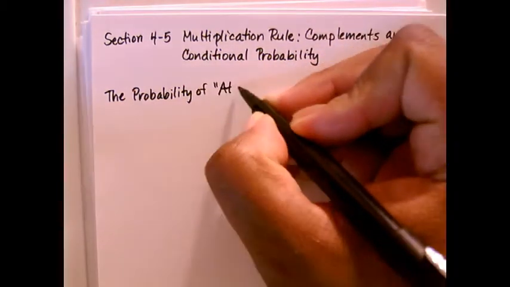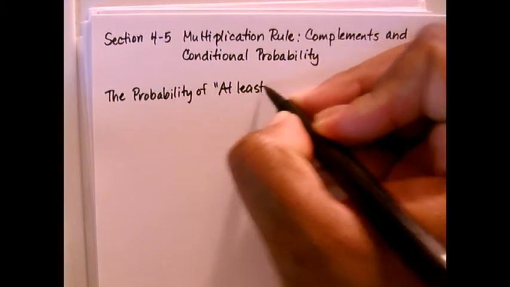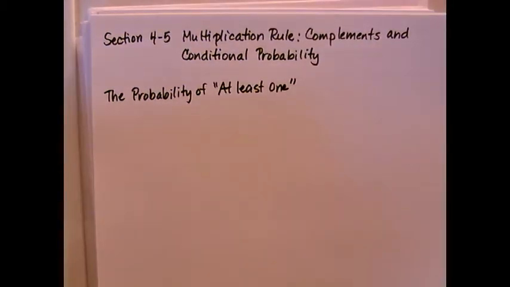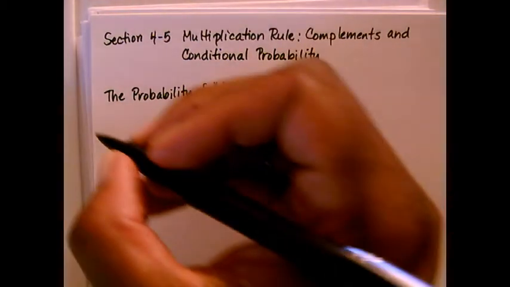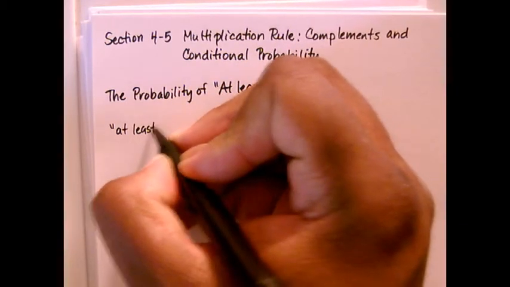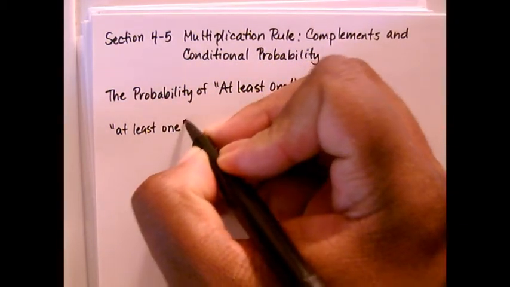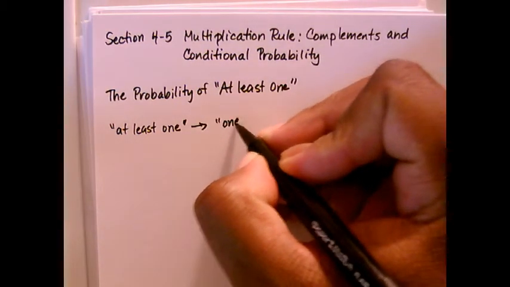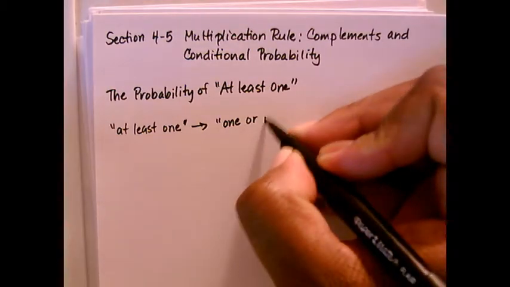Now, the probability of at least one is in relationship to the complements. Okay, so the phrase at least one has the same meaning as this: one or more.